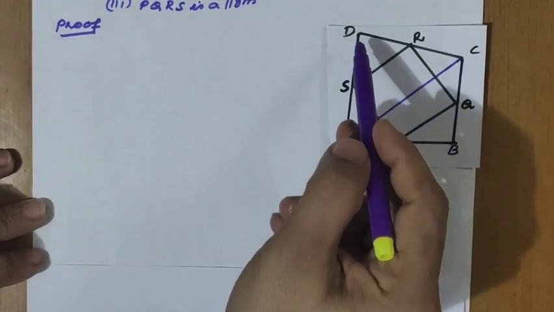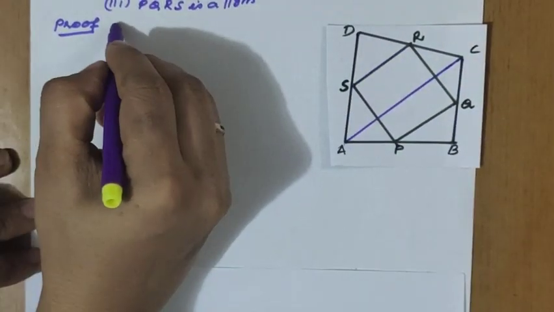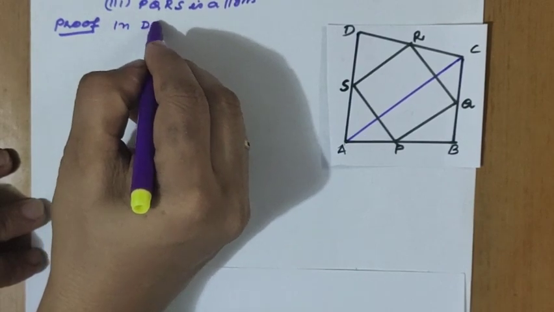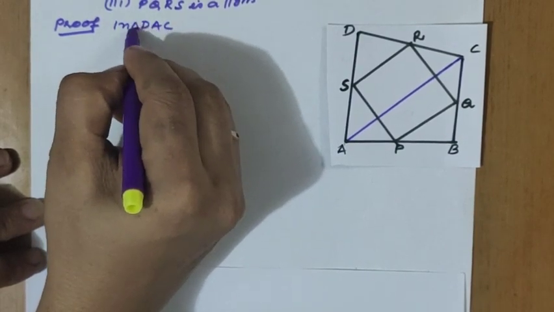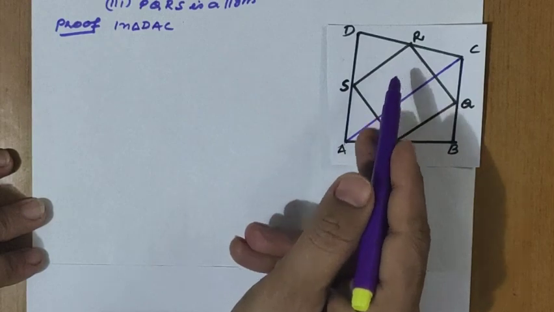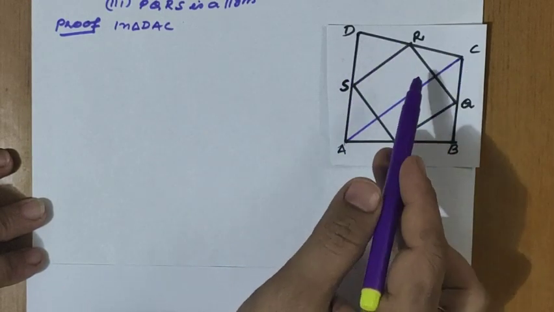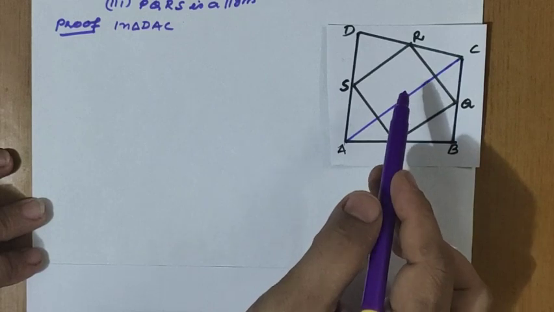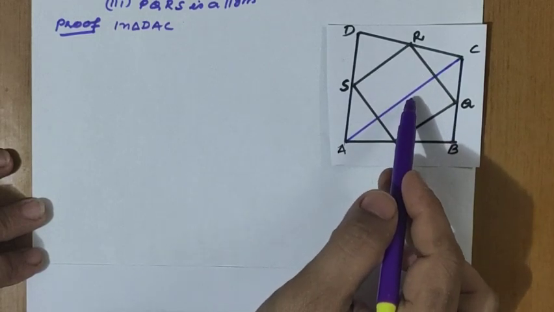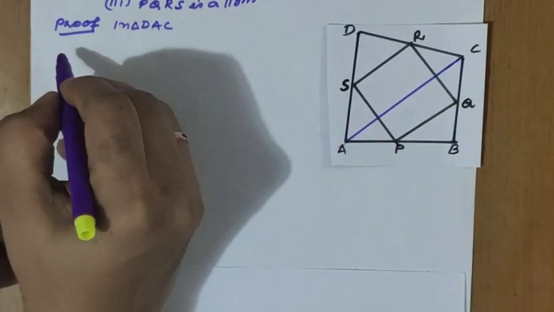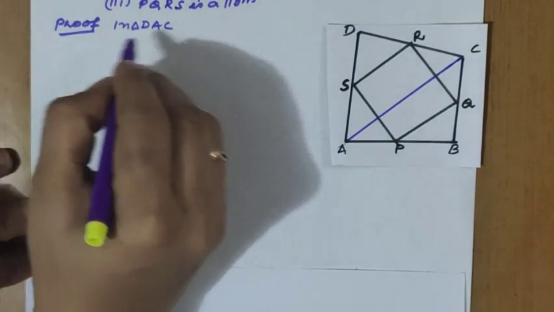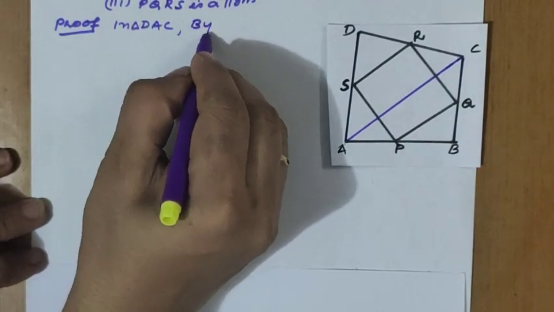So we are considering the triangle DAC. In triangle DAC, S and R are the midpoints of the sides DA and DC. So by the midpoint theorem, what can we write?